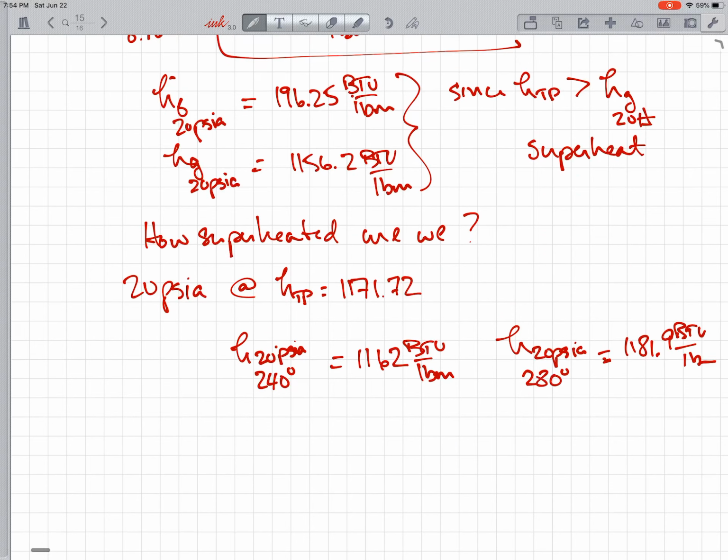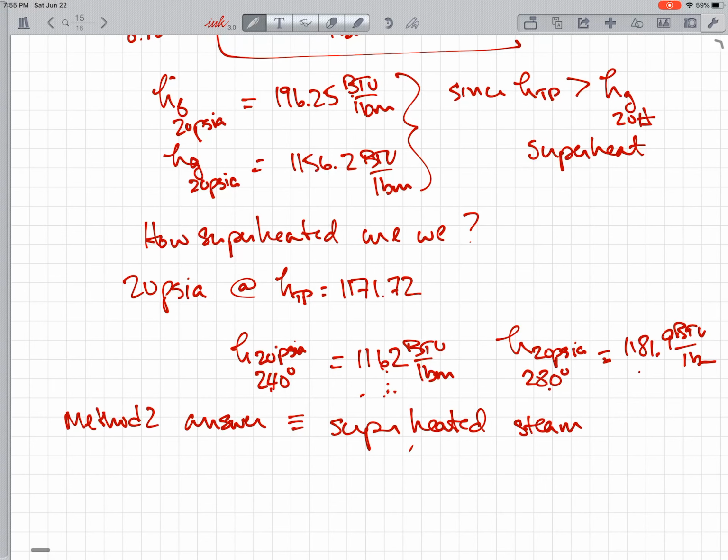So look at that, we're right in the middle there. So we're right in the middle enthalpy wise of 1162 and 1181. And that means the temperature is right in the middle between 240 and 280. So I'm going to say the method 2 answer is defined as superheated steam with a temperature approximately 260 degrees Fahrenheit.